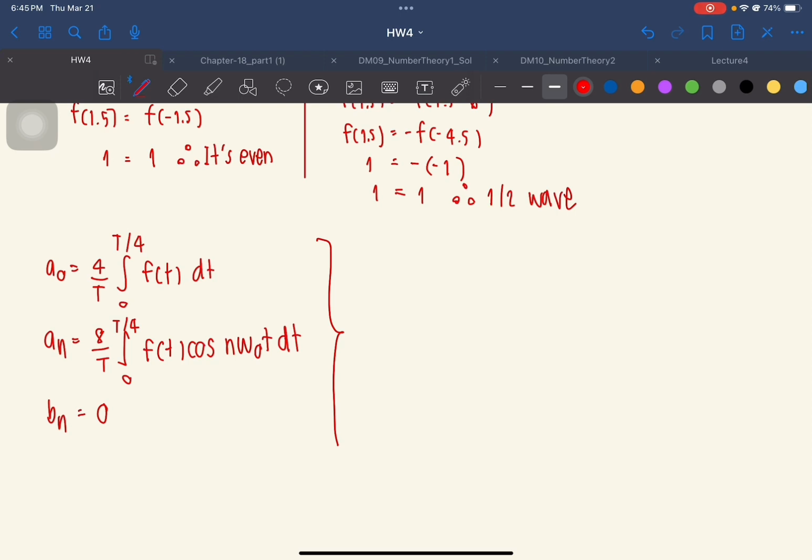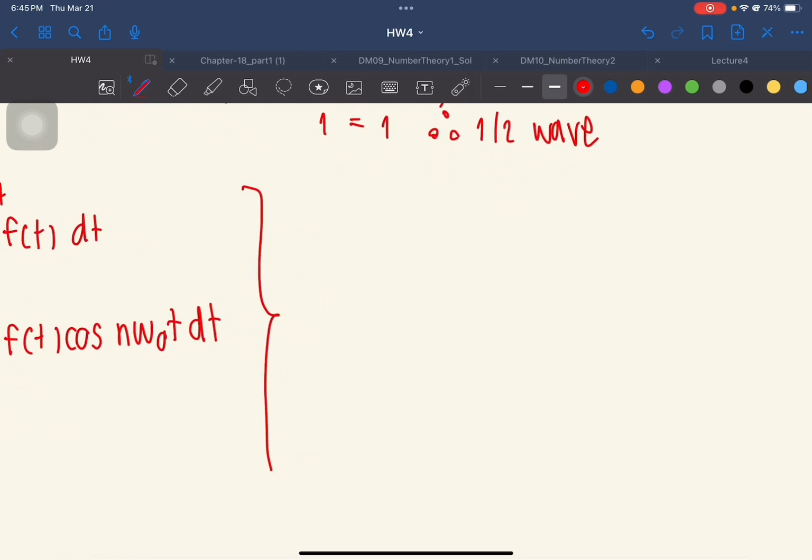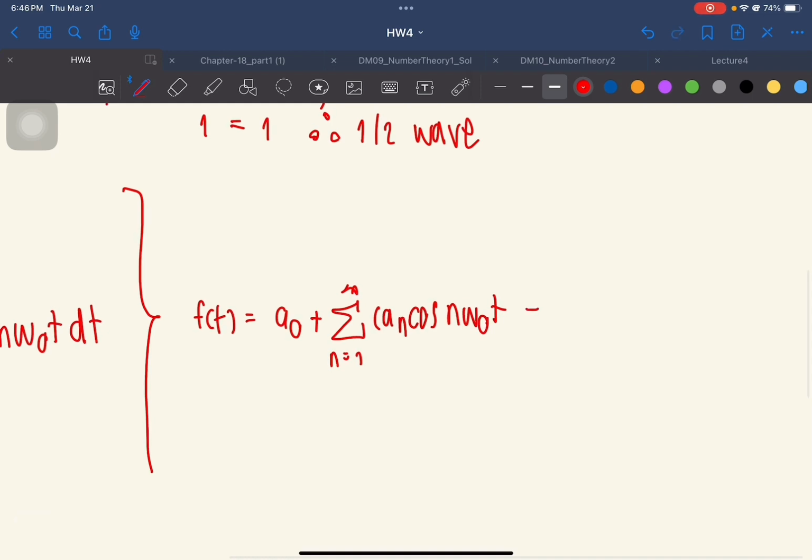And for the formula of the Fourier series, f(t) is equal to a0 plus an cos n omega naught t plus bn sin n omega naught t.